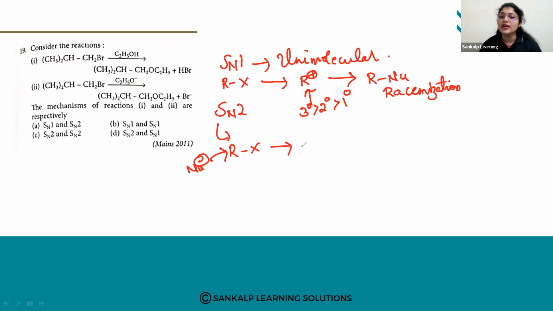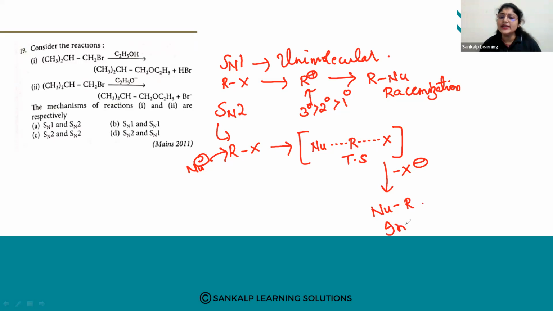It goes via one step, and breaking and making of the bond take place at the same time via a transition state. It does not undergo formation of carbocation. Then the leaving group will leave, and you will get a product.